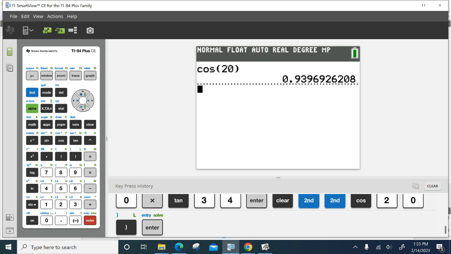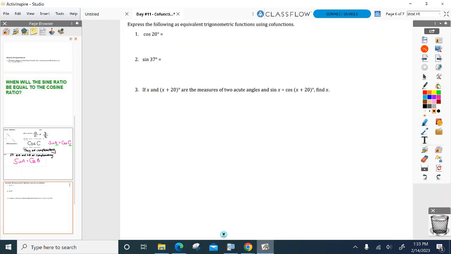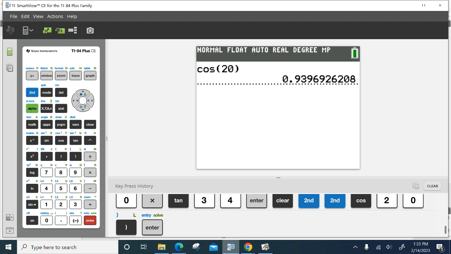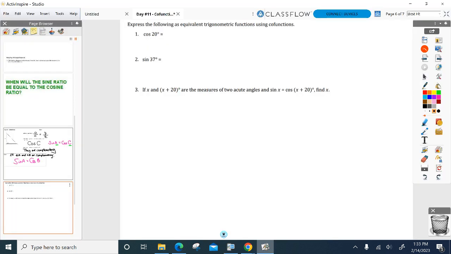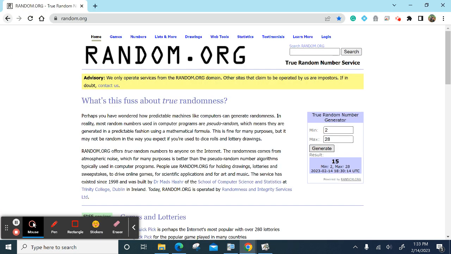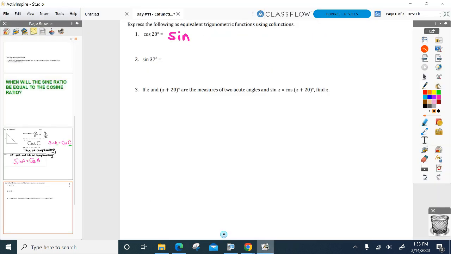All right, so let's try to use what I just showed you. Cosine of 20 is going to be the same as, not, look, if I put sine of 20, that's not working. Because if sine and cosine are ever equal, their values, what did we just say about their angles? For these two to be equal, their angles have to be complementary.